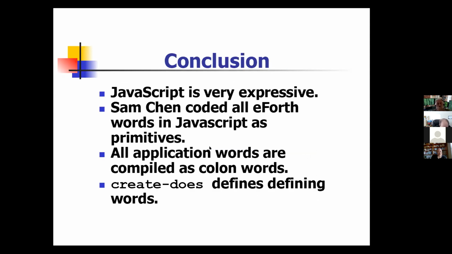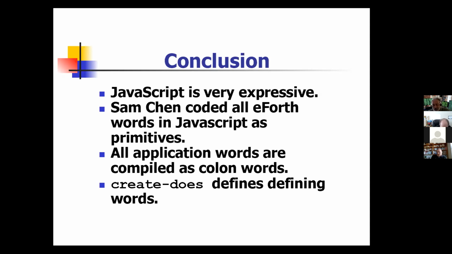So here are my conclusions. JavaScript is very expressive, and Sam Chan coded all jeforth words in JavaScript as primitives, and I think this is a wonderful job. All application words that you load afterwards are compiled as colon words.